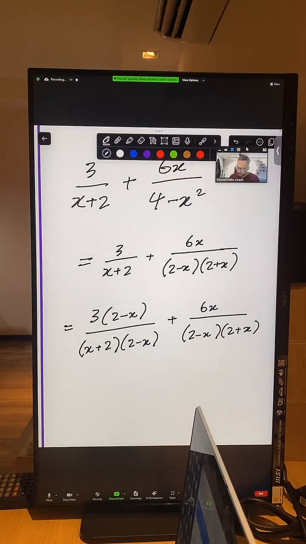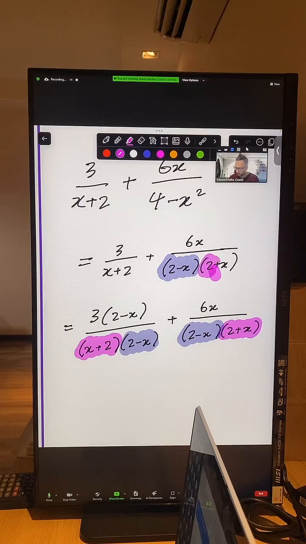So you can see, let me highlight for you. This one over here and this one over here is the same. Then this one over here and this one over here is the same.